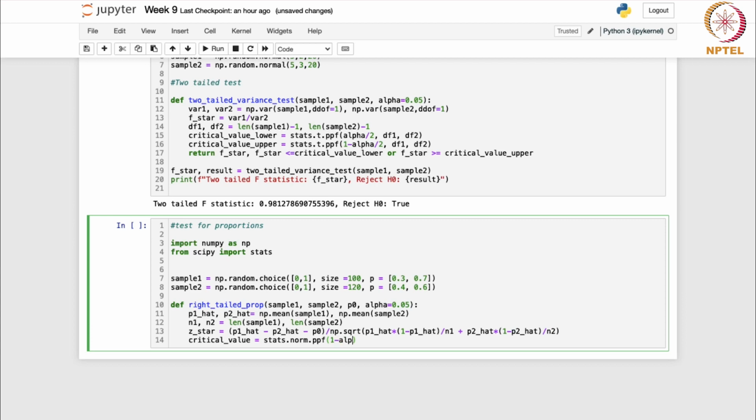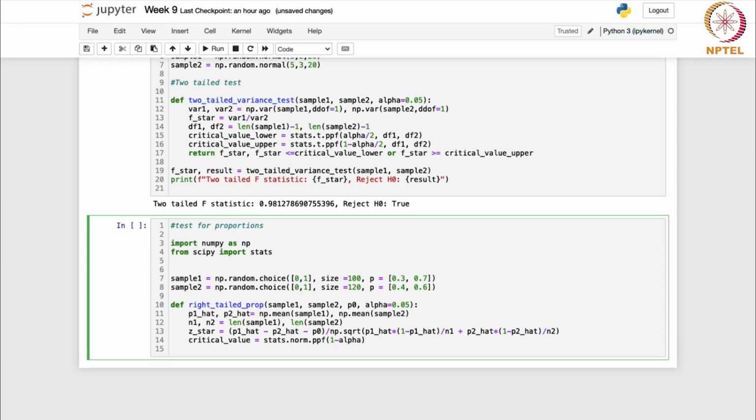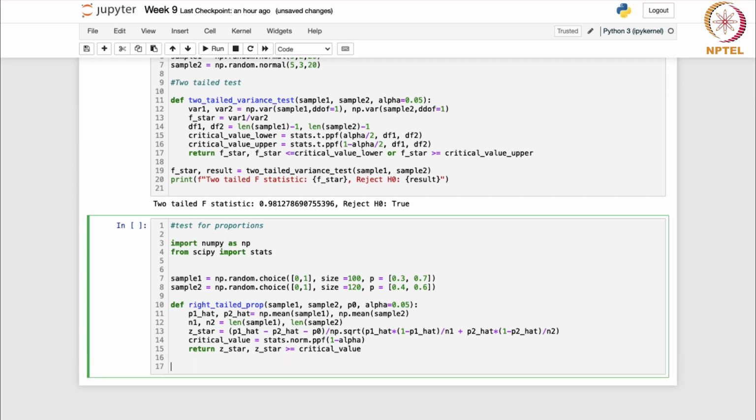Here it would be 1 minus alpha, and it would return the z star value, and it will compare if z star is greater than or equal to your critical value. So finally we can call this function.